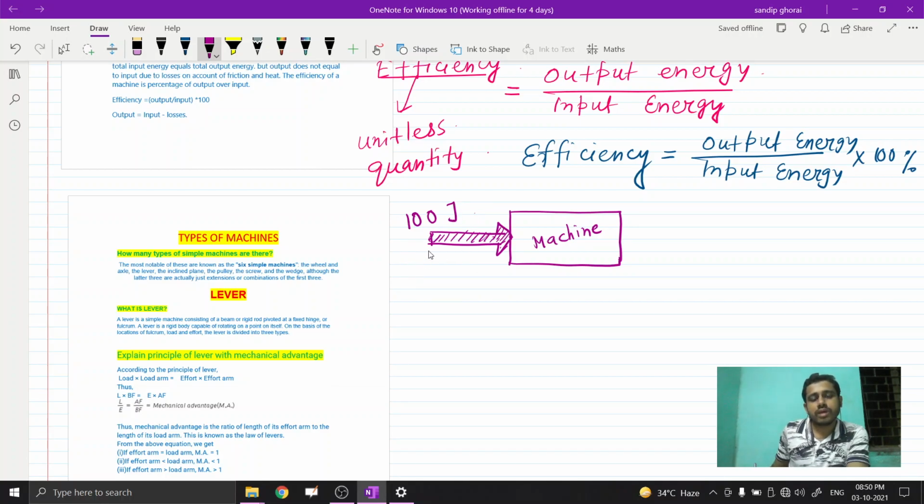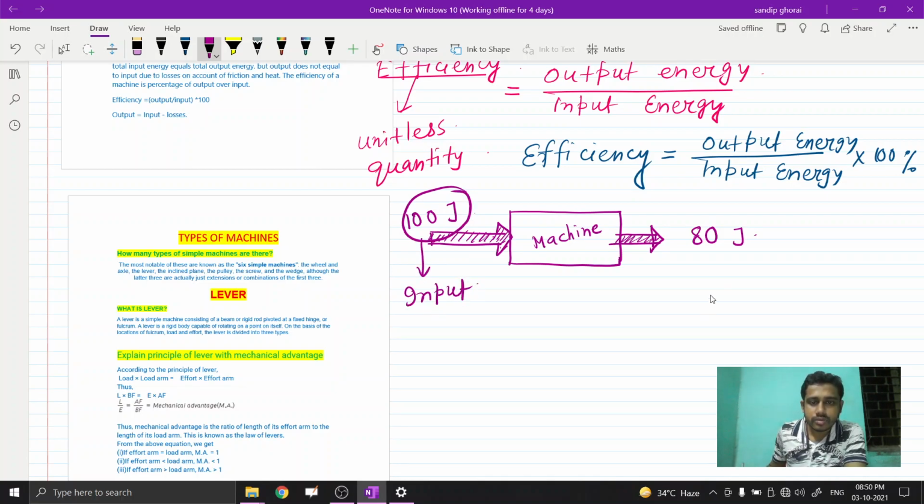So we apply 100 joule energy to the machine, and we get 80 joule as output. So here 100 joule is the input energy, and 80 joule is the output energy.